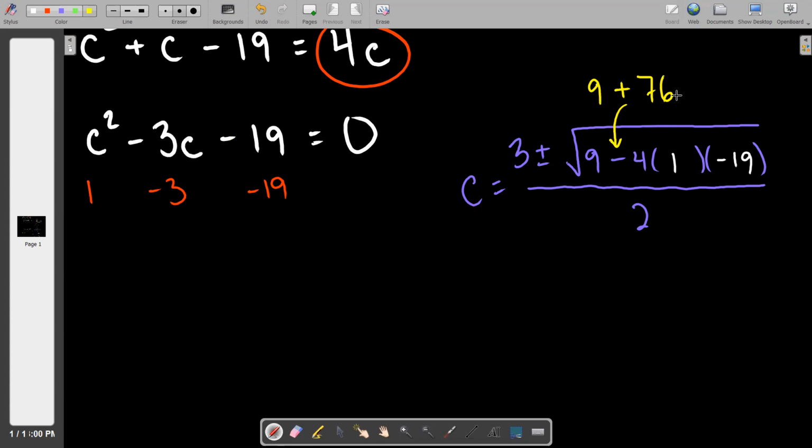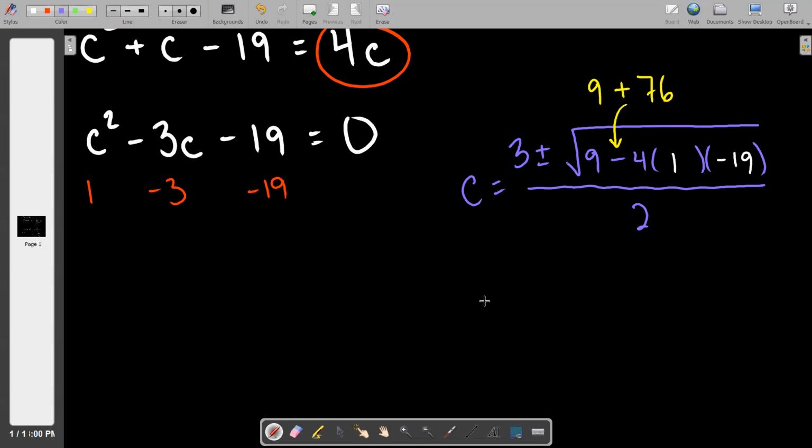4 times 1 is 4. 4 times 19 is 76. And then I have to do 9 plus 76, which is 85. What did you do? Oh, yeah, that's happened before. So you probably had like 2 root 19 for your, yeah.